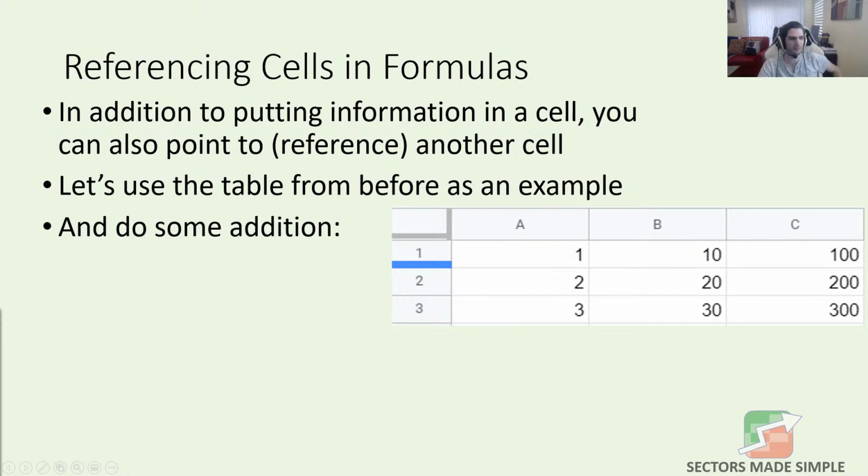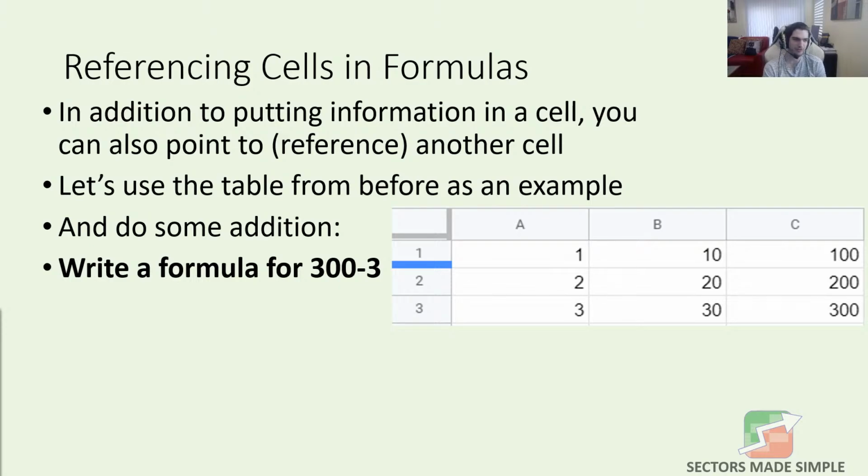And let's do some addition. We are going to write a formula to do the question, what is 300 minus 3? But we're not going to put in numbers. We're going to use the information from this table to make the formula.